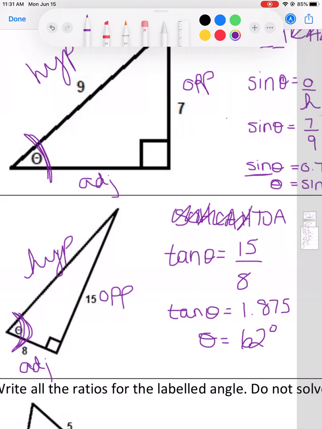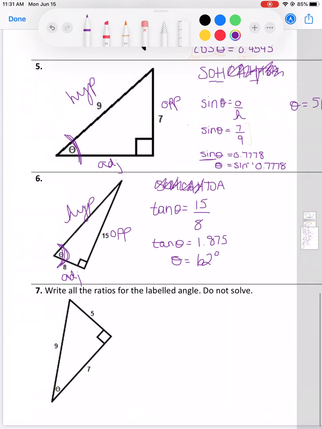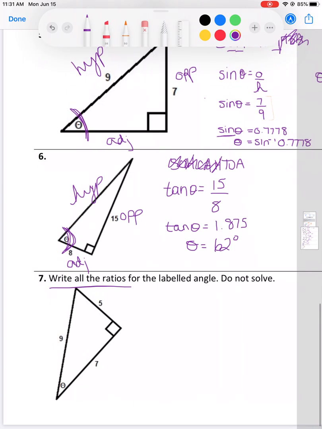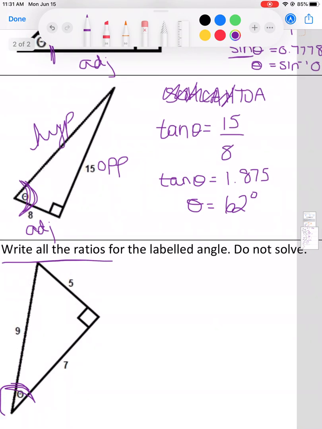Okay, for this last one, guys, it says write all the ratios, so you don't even actually have to solve. So what we're going to do is write ratios for sine, cos, and tan. Here's our respective angle that I've highlighted. Sine theta is equal to opposite over hypotenuse. So let's label it. Here's our hypotenuse.